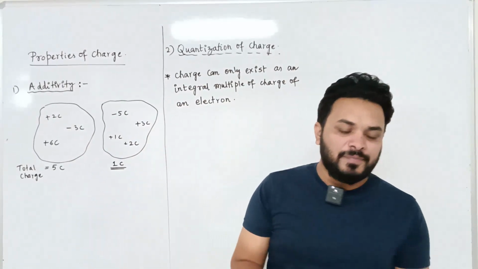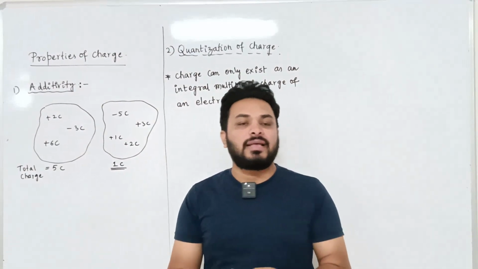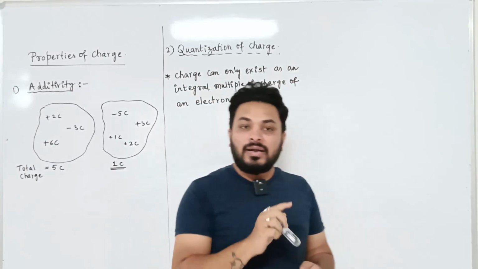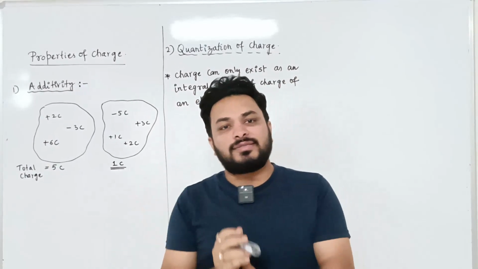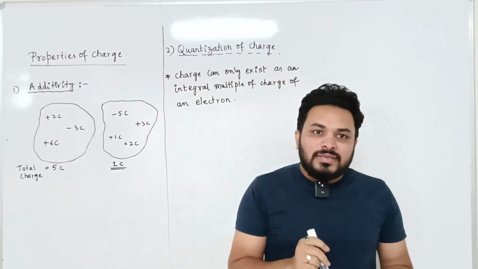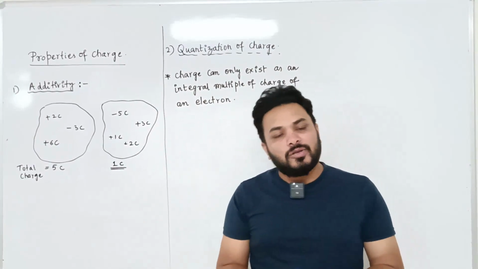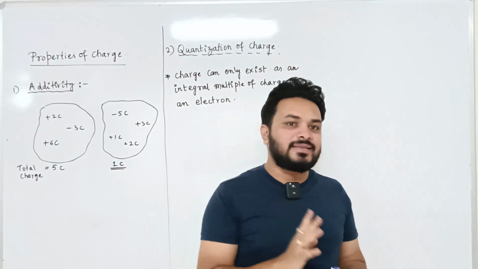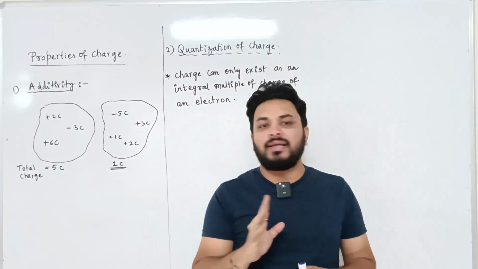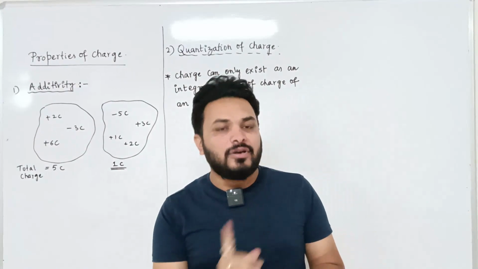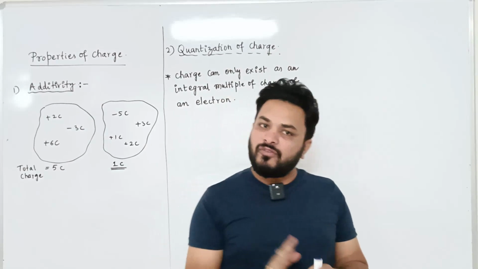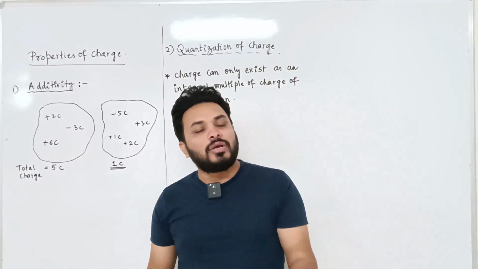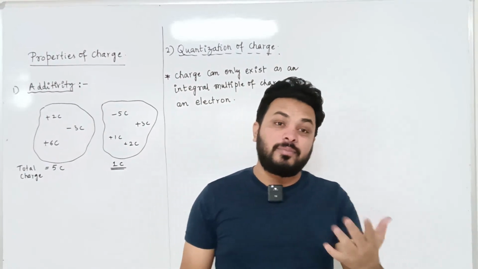Suppose, let's say, we have seen the experiment whenever the glass rod is rubbed with the silk cloth, electrons are transferred from the glass rod to the silk cloth. It transfers as 1 electron, 4 electrons, 6 electrons, 9 electrons, 10 electrons, like that. It can never be transferred as 1.5 electrons, 2.5 electrons, 3.5 electrons, 2.2 electrons, 1 by 2 electron, 3 by 2 electron.